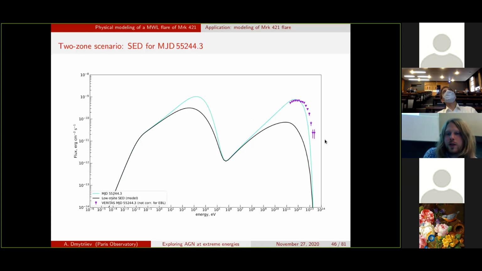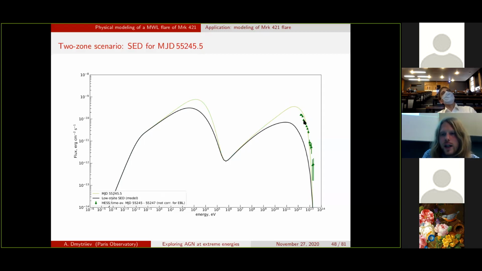But it should be noted that these points were never published in a full paper, only in a proceeding. So they might suffer from systematics, but it also might be that our model is imperfect. Then this curve shows the SED more or less during the flare decay.